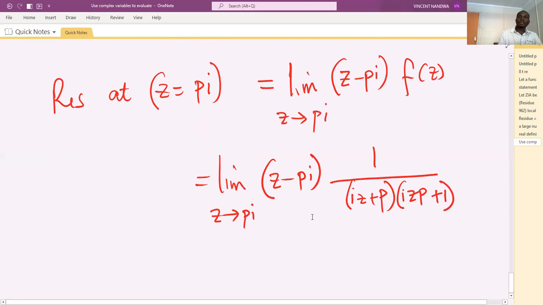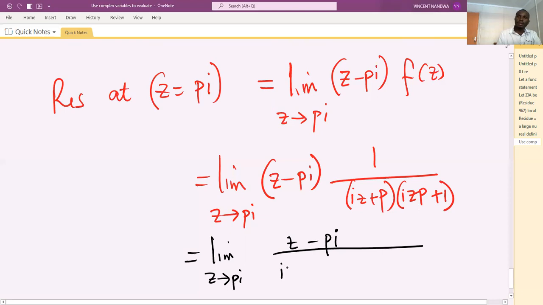So if I multiply this one by negative, I have limit as z approaches pi of z minus pi divided by iz plus p, and then izp plus 1.